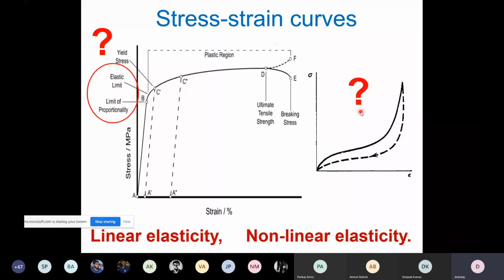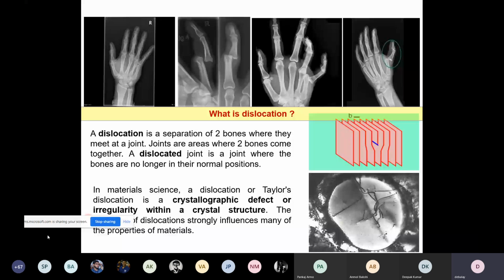Definition of dislocation. What is dislocation? If you type in Google, the first answer you will get is: a dislocation is a separation of two bones where they meet at a joint. Joints are the areas where two bones come together. A dislocated joint is a joint where the bones are no longer in their normal positions.